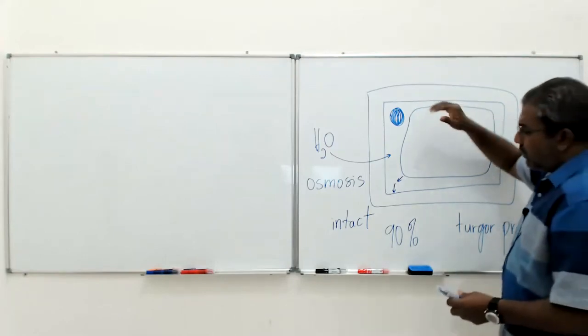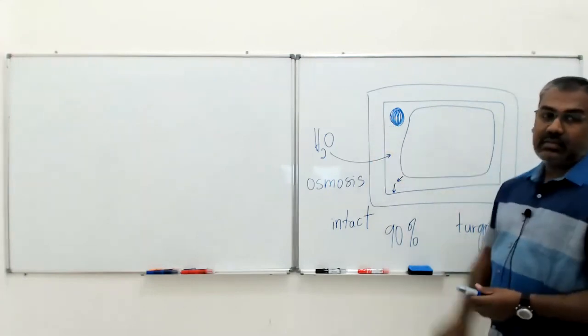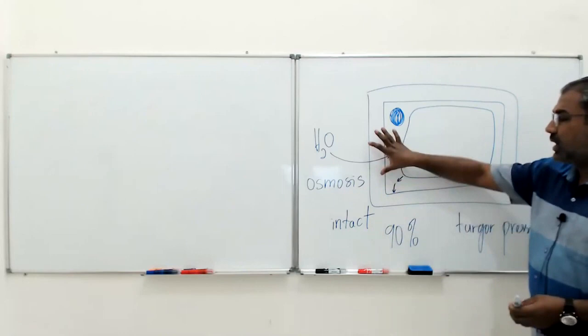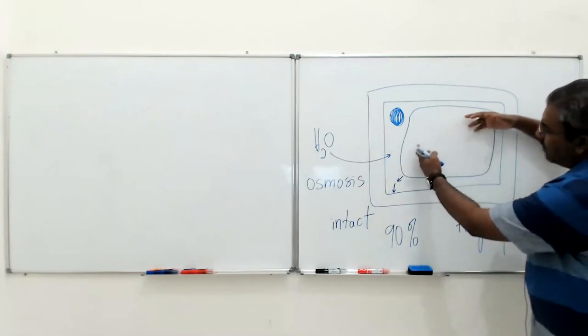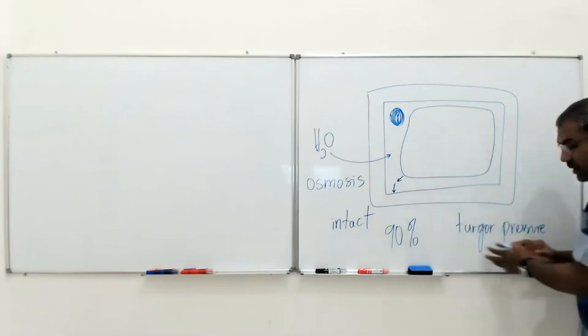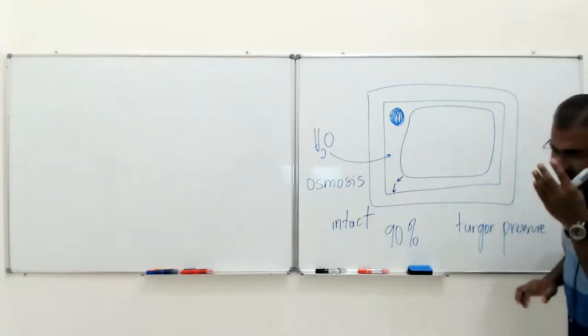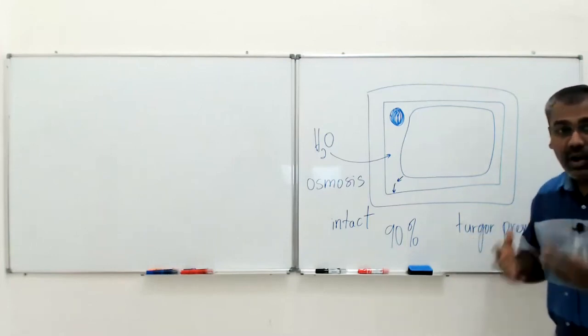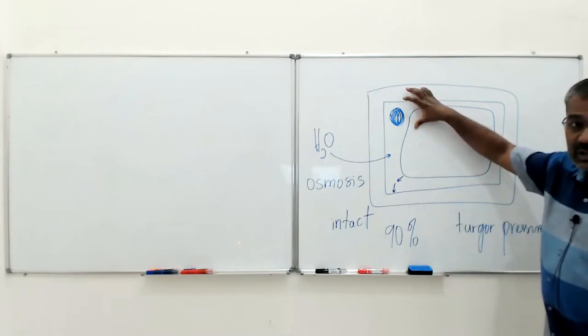So, because the cell wall is strong and rigid, bila vacuole ni mengembang, menghasilkan turgor pressure, this pressure cannot, tak boleh menyebabkan plant cell ni pecah.